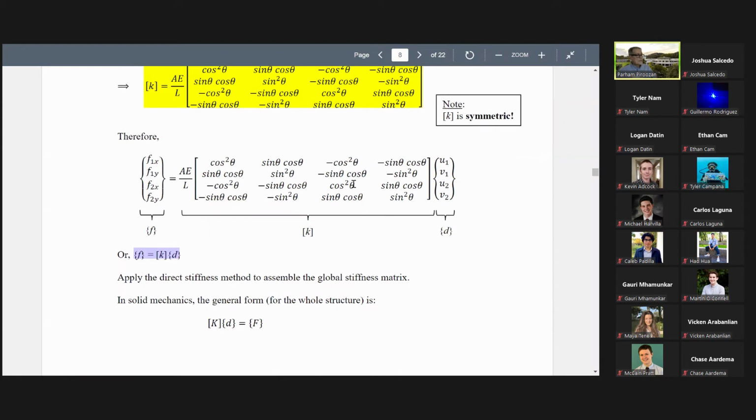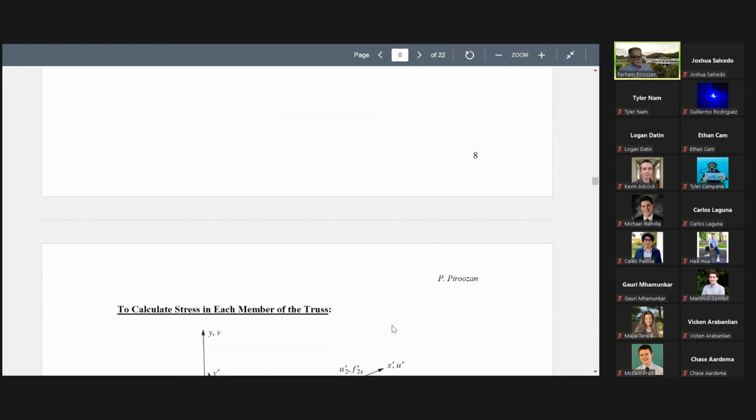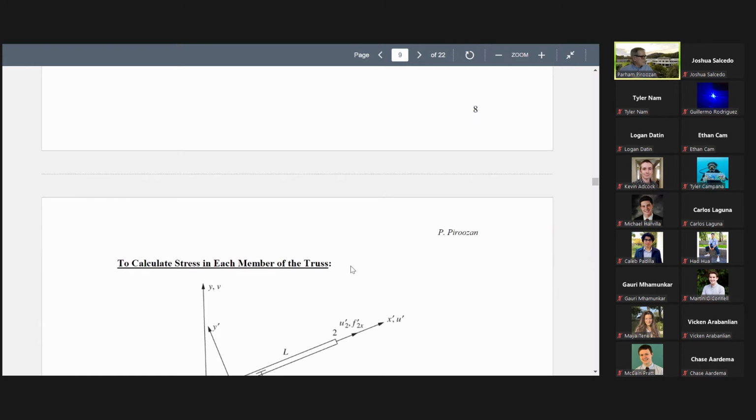We apply it for each element, and when we put them together by the direct stiffness procedure, or by superposition, we create the global system of equations, then apply boundary conditions and solve the problem. Solve for displacement, and then for post-processing, we can do anything we want.